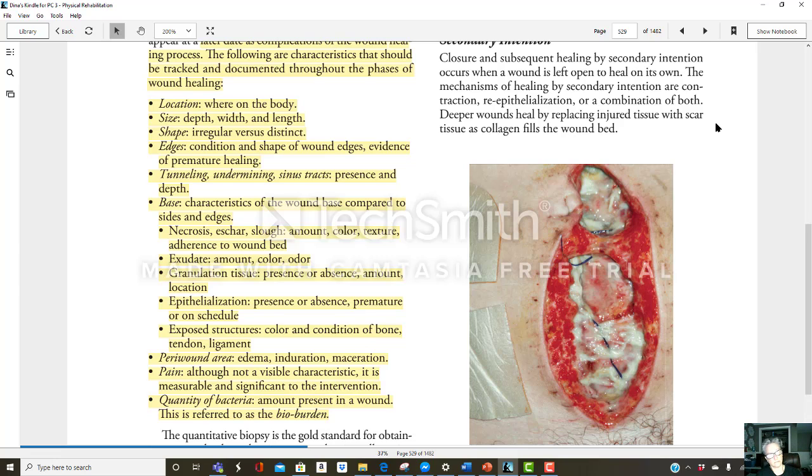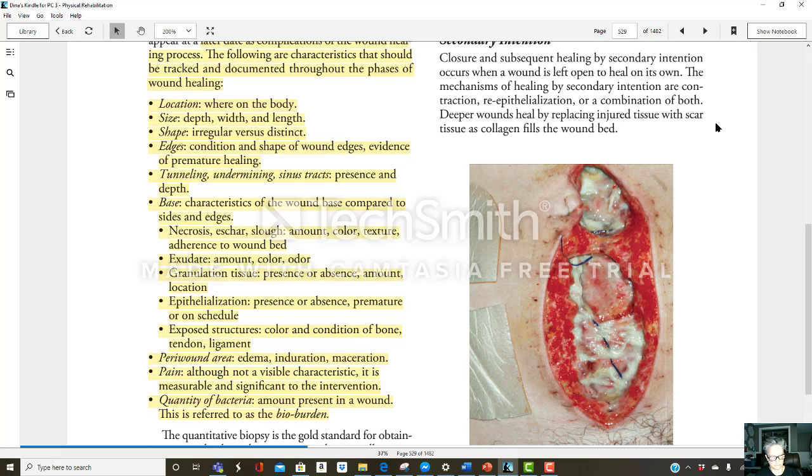Exudate: amount, color, odor. Granulation tissue: presence or absence, amount, location. Epithelialization: presence or absence, premature or unscheduled. Exposed structures: color and condition of bone, tendon, ligament. Periwound area: edema, induration, maceration. Pain.